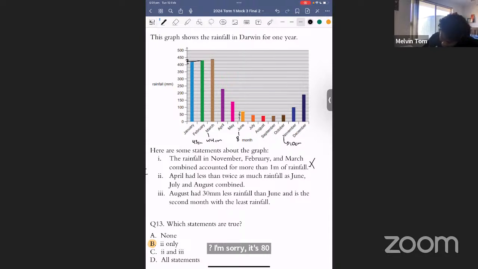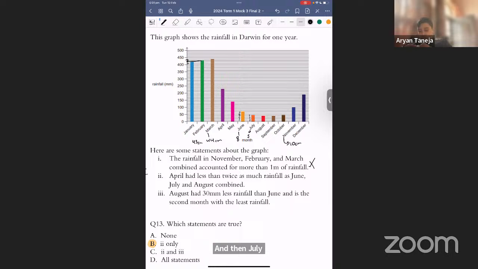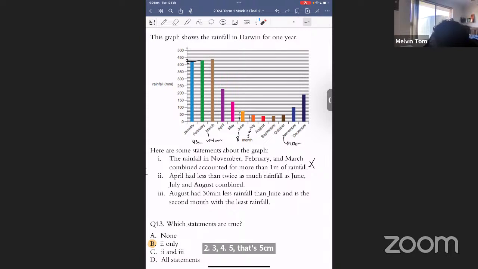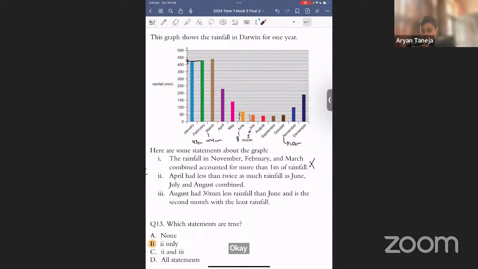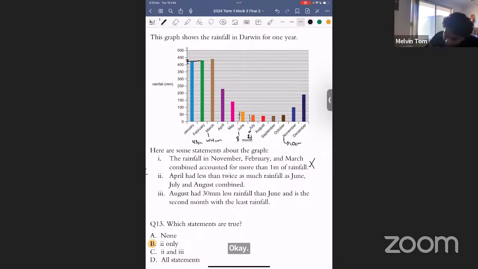July, we had 1, 2, 3, 4. Sorry, 4 centimeters. So July had 4 centimeters, and August had 1, 2, 3, 4, so August had another 4.